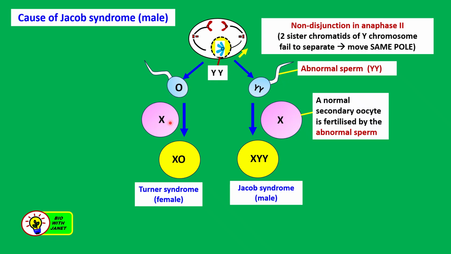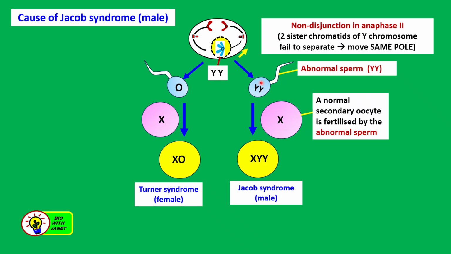The ovum is normal, so a normal secondary oocyte is fertilized by the abnormal sperm. In the first case, X plus O becomes XO. So this is again a Turner syndrome child, formed with only one sex chromosome in each diploid cell, one X chromosome.